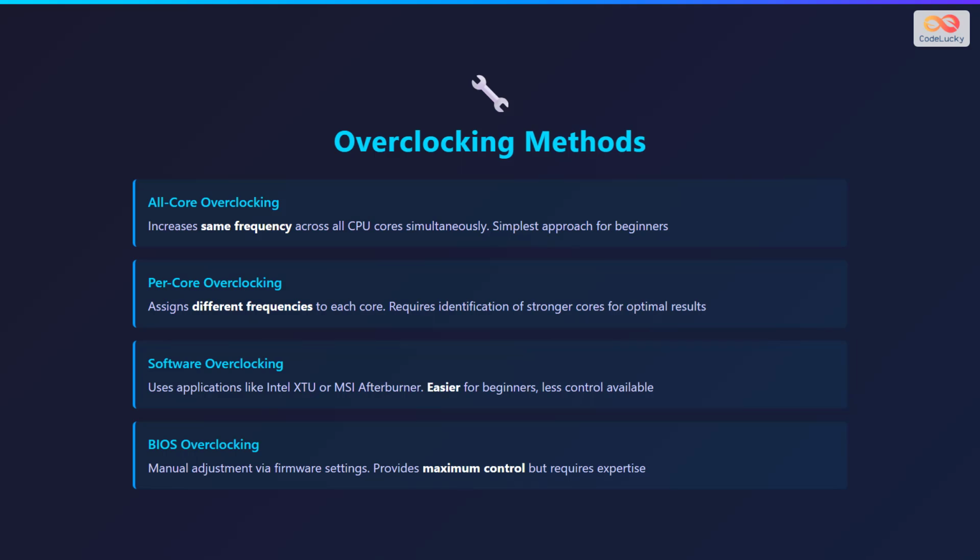Software overclocking uses applications like Intel Extreme Tuning Utility, or Intel XTU, making it easier for newcomers but offering less control. Finally, BIOS overclocking, or firmware-level overclocking, provides maximum control but requires more technical knowledge and involves restarting your system.